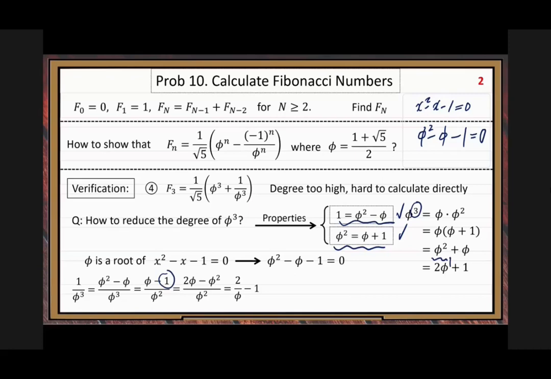After that, let's add up these two terms and see, can we find its value? Phi cubed plus 1 over phi cubed. After simplification, 2 times parenthesis phi plus 1 over phi.